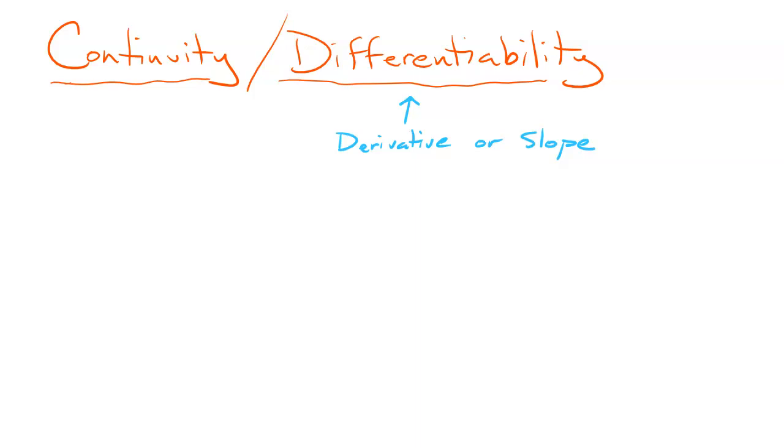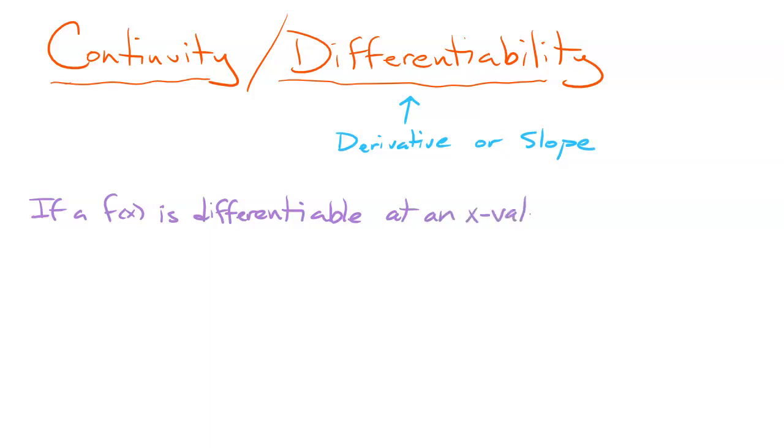Continuity, we've done, talking about a function being continuous. The key part that we're getting out of here: if a function is differentiable at an x value, it must be continuous.